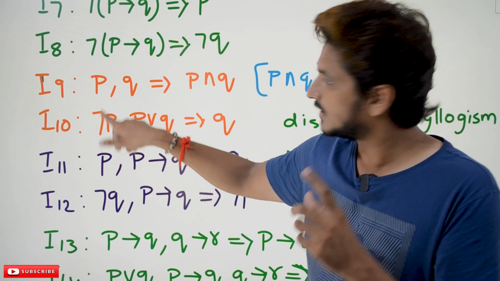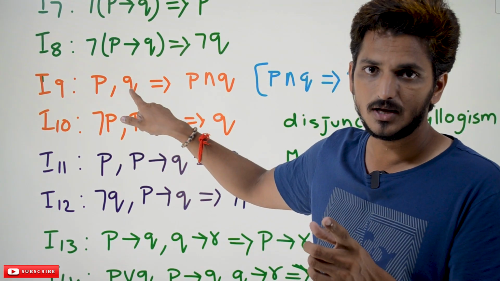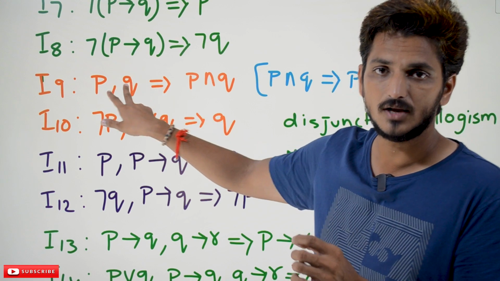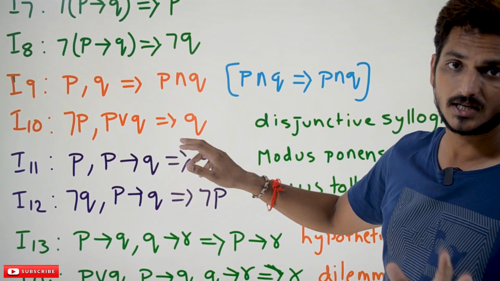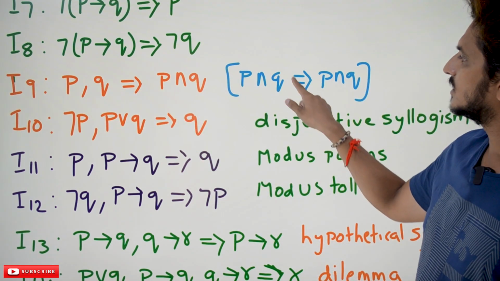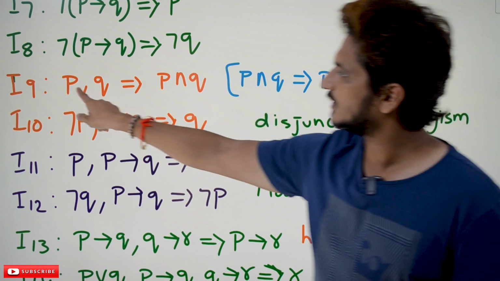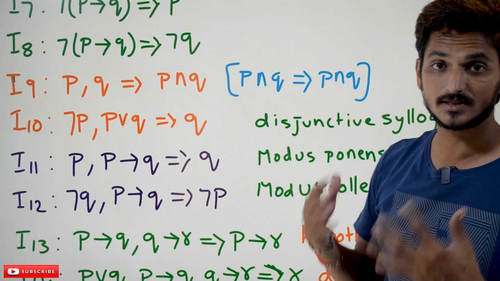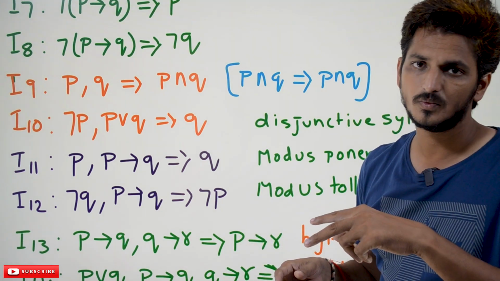So if someone says that P, Q are true values, what's the meaning of that? These two propositions are true values. Then this is how you can write these two propositions: P conjunction Q. First proposition, conjunction, second proposition, because they are saying that these two propositions are true.